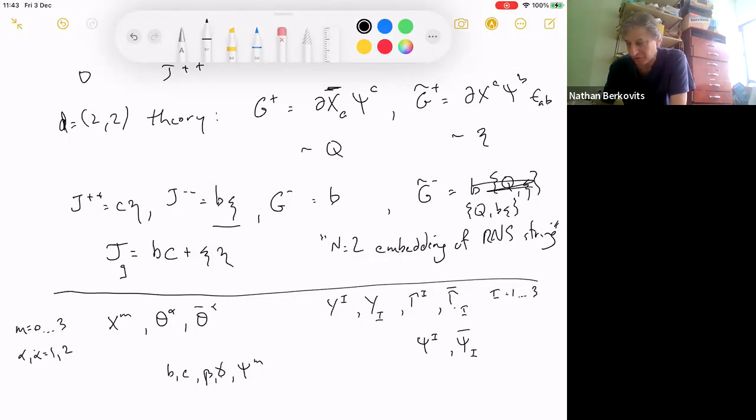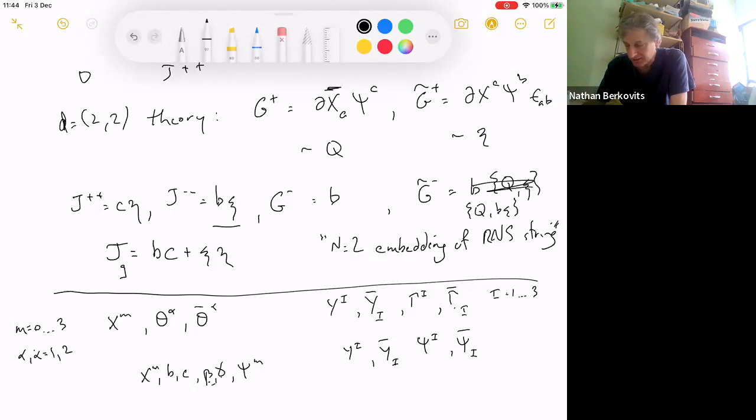Here we have 4 fermions, thetas and theta bars. We, of course, have 4 X's, and that doesn't change. But in RNS we have all this extra stuff: 6 fermions and 2 extra bosons. So we want to have the same number of degrees of freedom.